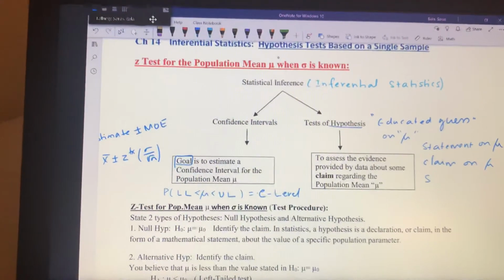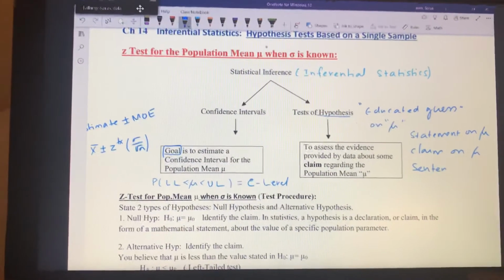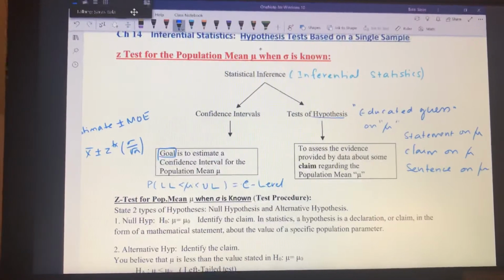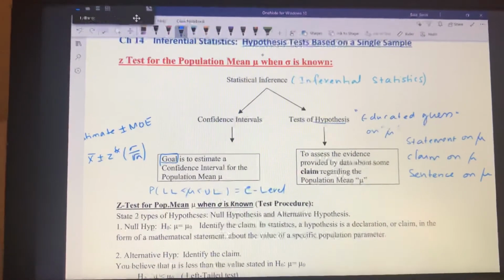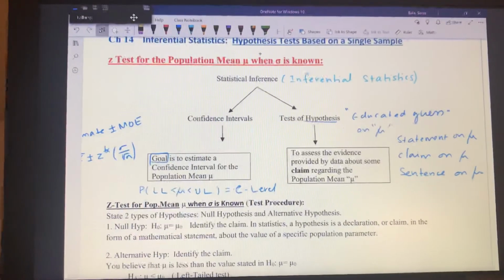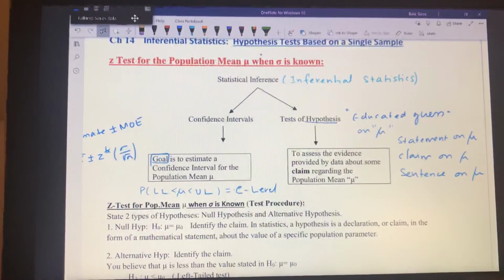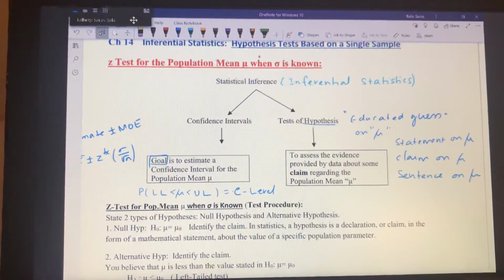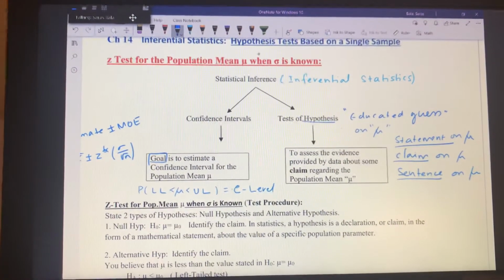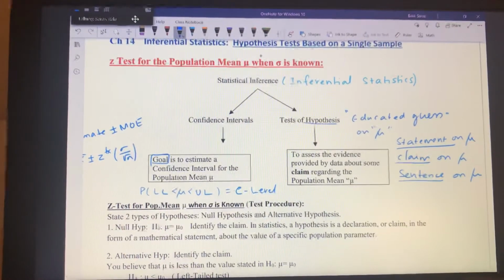So the statement or the sentence or the claim all are equivalent. That is going to be tested, and we are going to be looking for some evidence provided by the sample data regarding the claim or the sentence or the statement on the population mean mu.